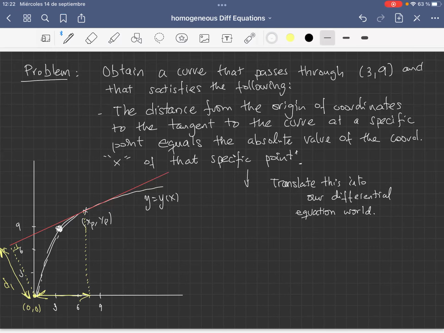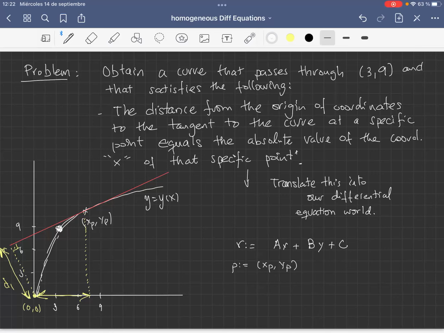We have to remind how we calculate the distance from a point to a line. Let me choose the generic line Ax + By + C, and a point P given by coordinates (xp, yp).